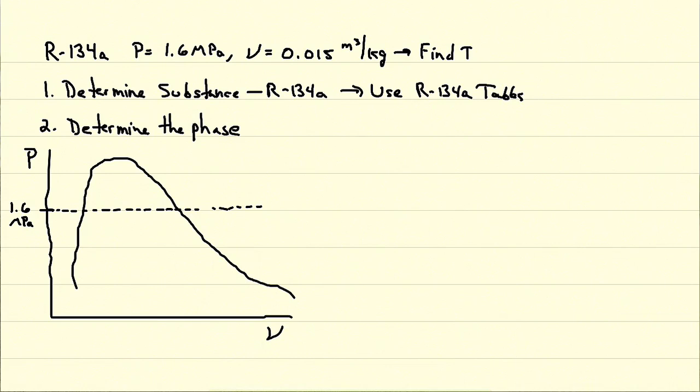Now, the other piece of information that I can look up pretty readily is what the saturated liquid specific volume is at that pressure, and what the saturated vapor specific volume at that pressure is. So I can actually determine what these values are.